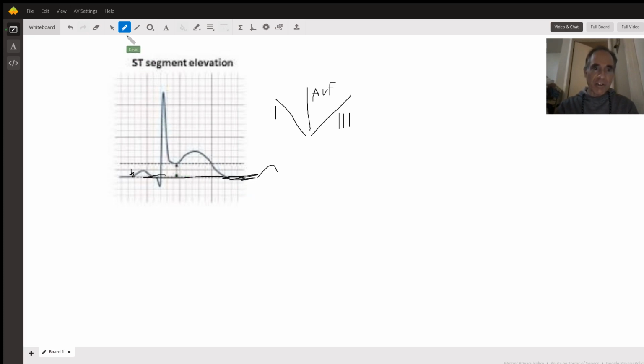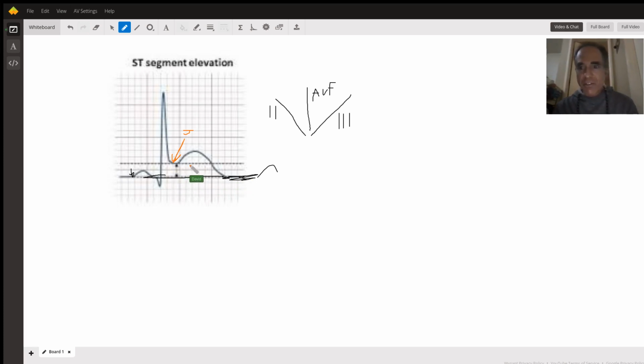Let's change the color here to distinguish it. J point. And then you have to measure how far above this isoelectric line, which is defined by the TP segment, you are. How many little boxes?